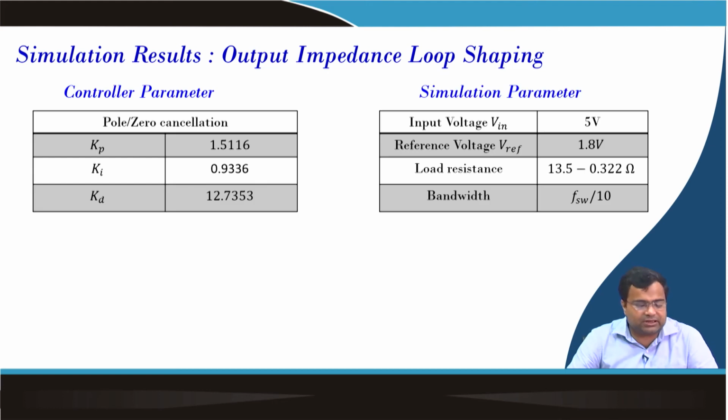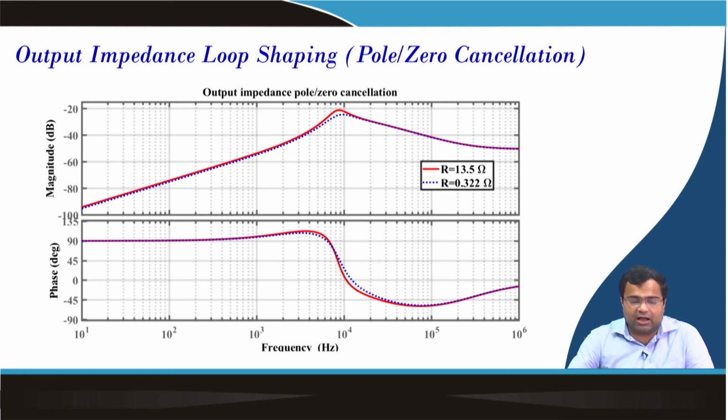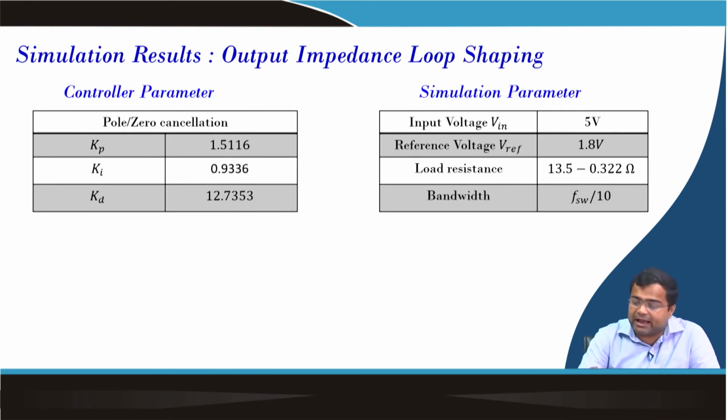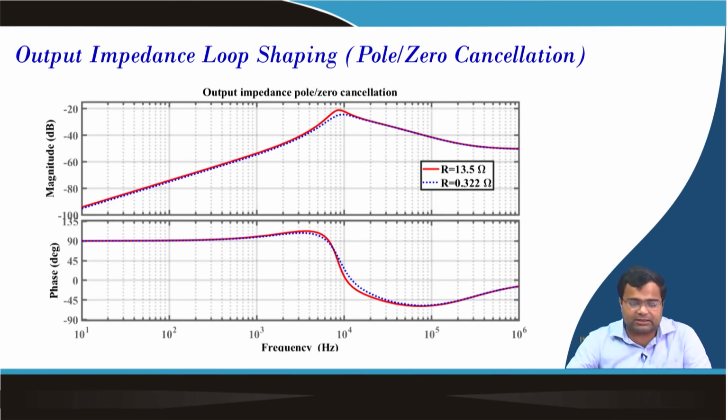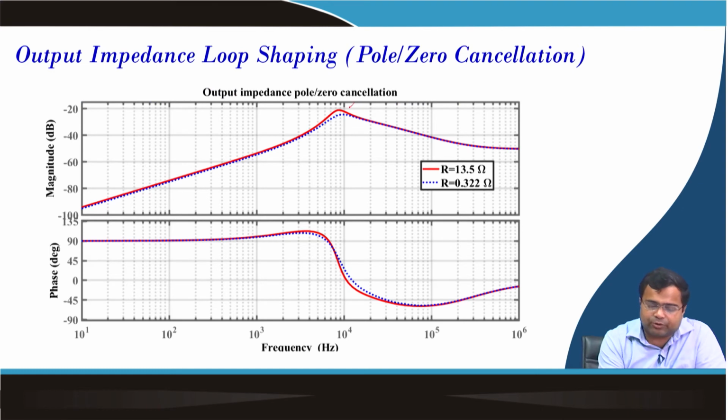Considering this pole-zero cancellation and output impedance shaping, now for 5 volt input and 1.8 volt output, we are making a load transient. That means we want to see the output impedance for both 13.5 and 0.32. You can see the output impedance in this particular region.